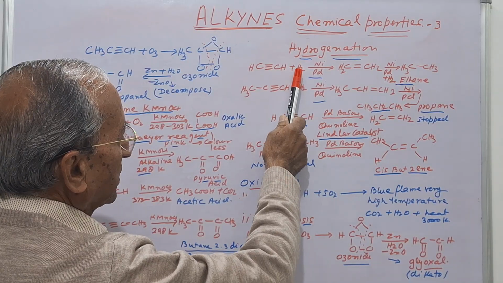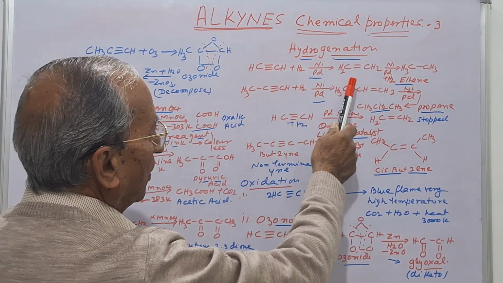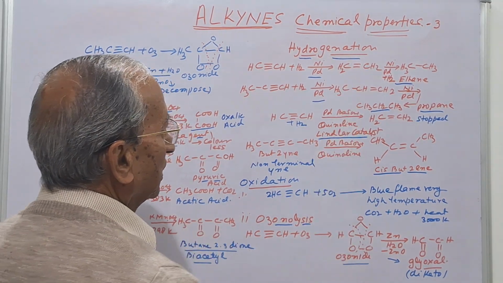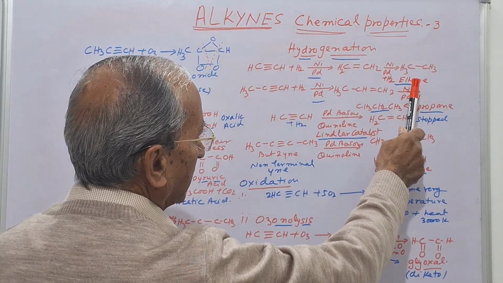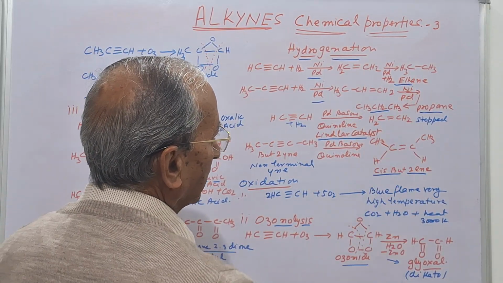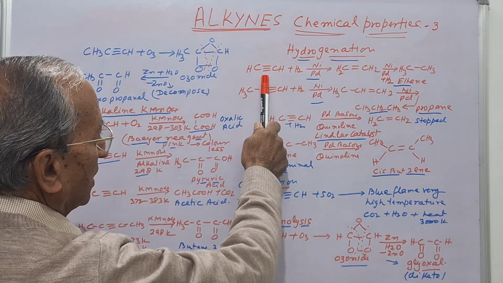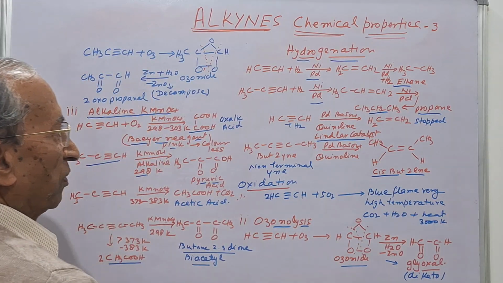In the first step, addition of hydrogen by breaking one bond forms ethylene, and then one more bond breaks and finally it forms ethane. That is, ethyne is finally converted into a saturated hydrocarbon.